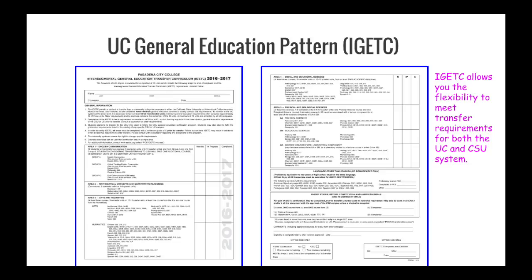The transfer pattern used for many of the majors offered at the UC campus is called the Intersegmental General Education Transfer Curriculum, or IGETC for short. As you plan your transfer goals, it is always recommended that you meet with your college counselor to develop your own unique educational plan. This IGETC pattern allows you to meet both the UC and CSU admissions requirements.